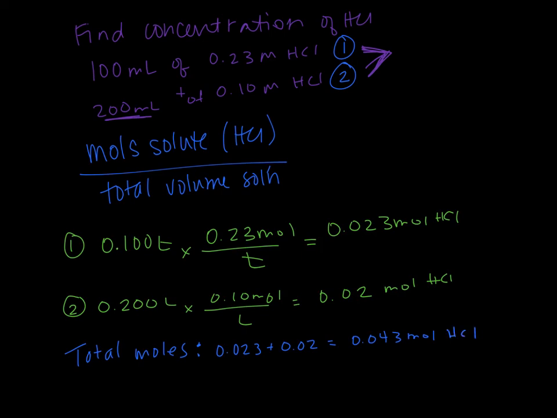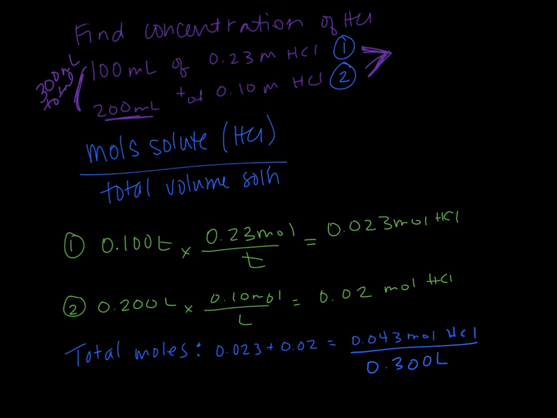Okay, so if that's my total moles, now I have to divide by the total volume of the solution. And so the total volume of the solution is going to be 300 milliliters because I'm adding all of this together. So I've got 300 milliliters total. So I'm going to divide this by 0.300 liters.